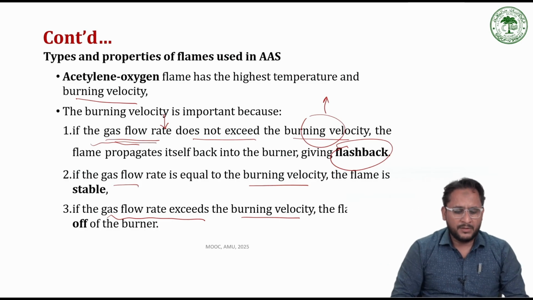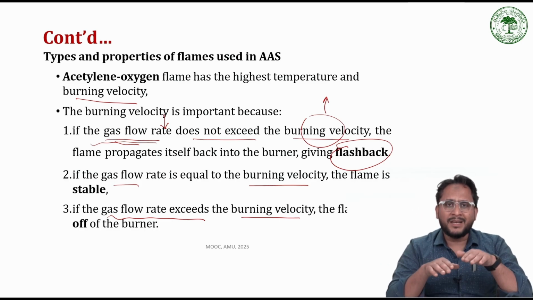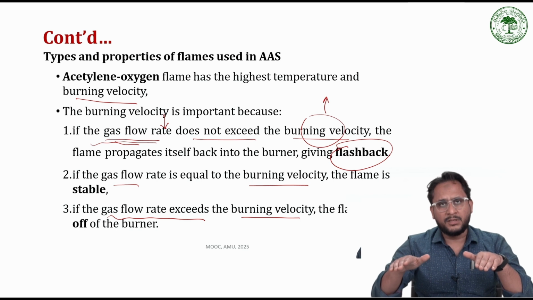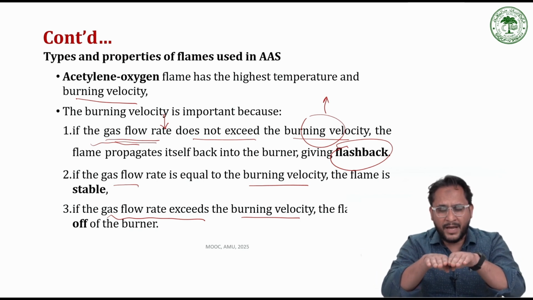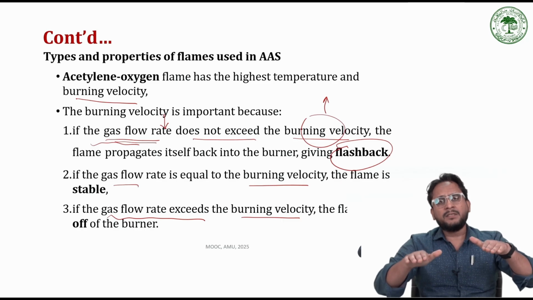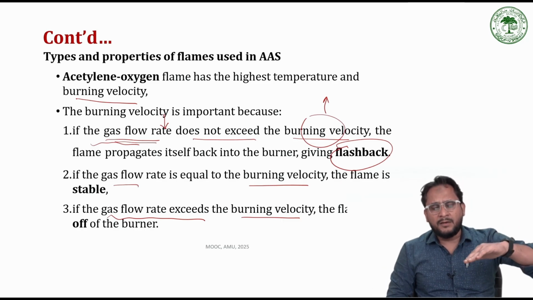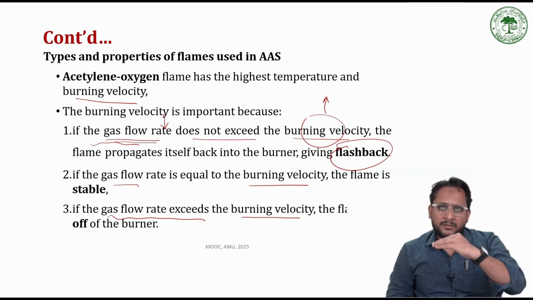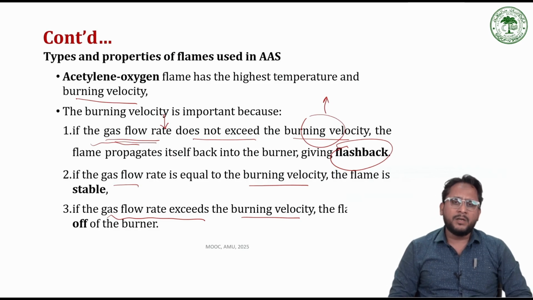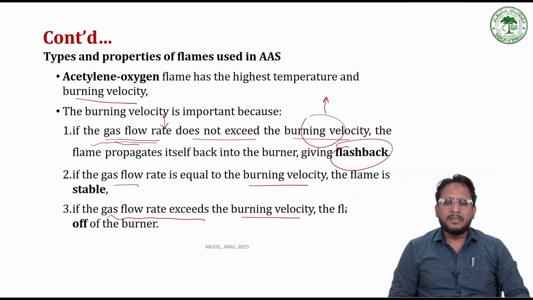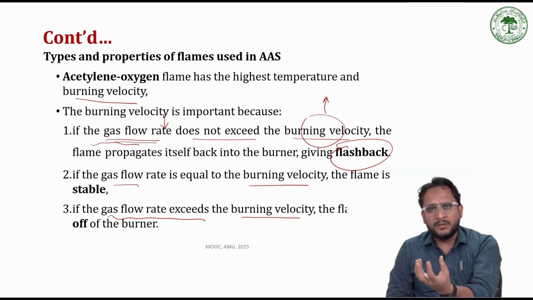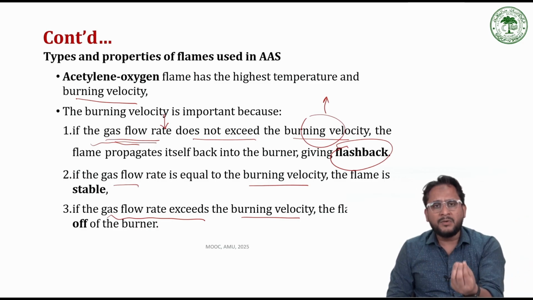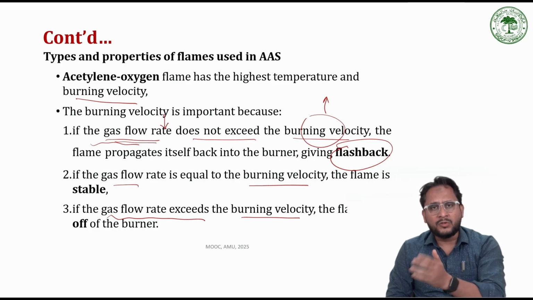So there should be a balance between the gas flow rate and the burning velocity, because if they are in good agreement and equal, the flame is stable and high energy will be available for atomization. But if the gas flow rate is very high, a large volume of sample is introduced but it will not burn properly, and the unburned fuel will blow off the burner.